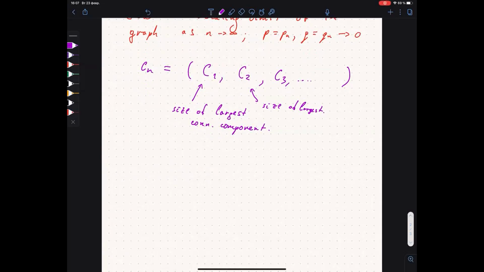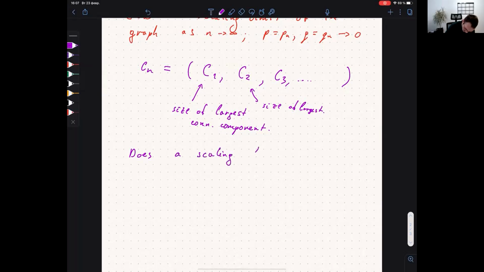The question is, we are interested in whether there exists a limit of that vector after some scaling as n goes to infinity. Does a scaling limit exist?